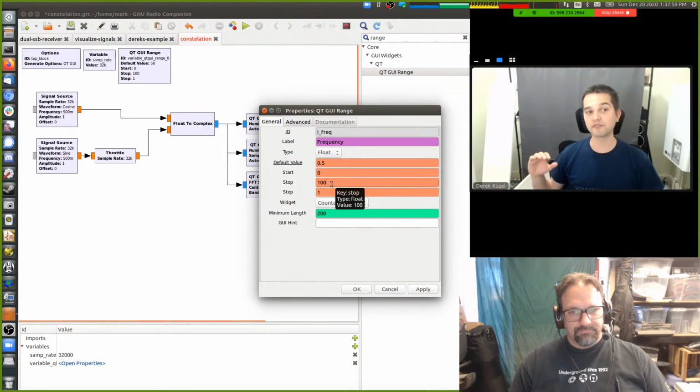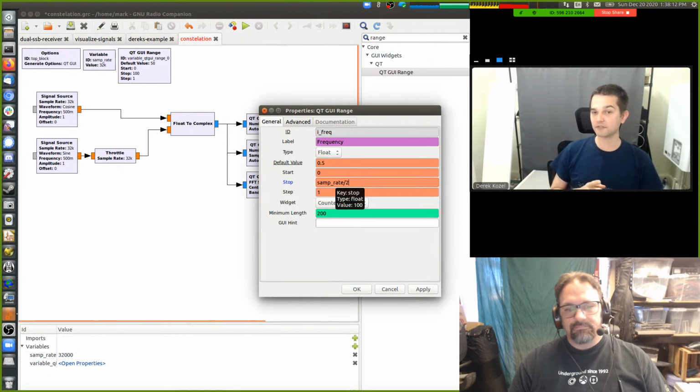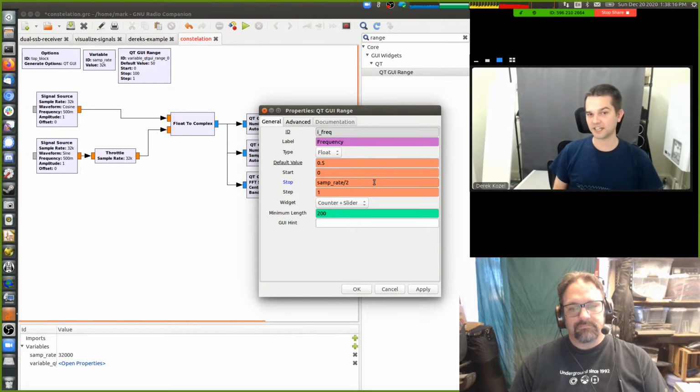And let's go to the full theoretical range of these. Because these are real valued signals, real valued sources, they can't produce a negative frequency intentionally, by convention, I guess. They produce a negative frequency at the same time as they produce a positive frequency.